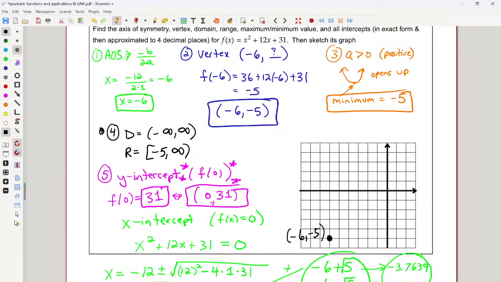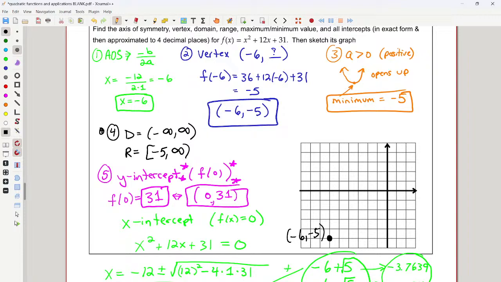And now, as many points as someone asks you for. Usually on a test or quiz, I say 5 total points, one of which being the vertex. But that really only requires you doing 2 more pieces of work, because I'm going to utilize symmetry. The next piece of information I'm going to substitute in is this x value, which is what?